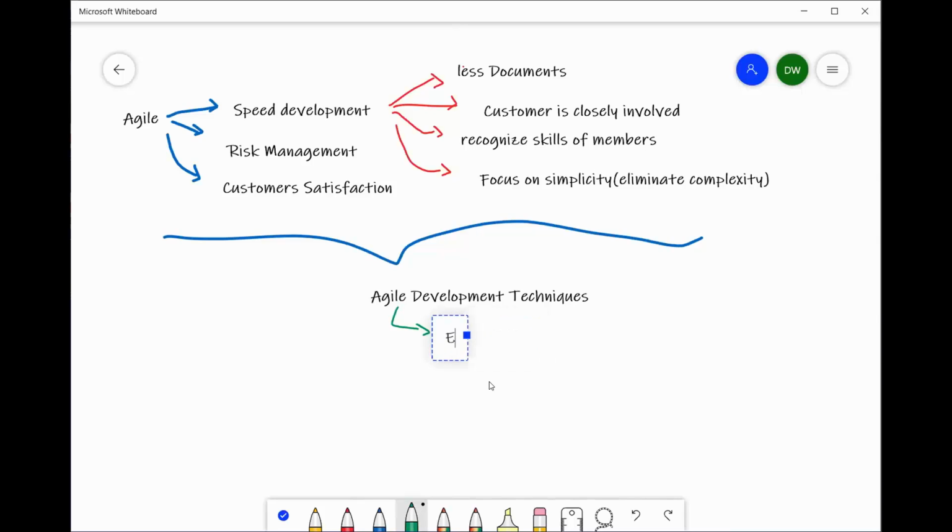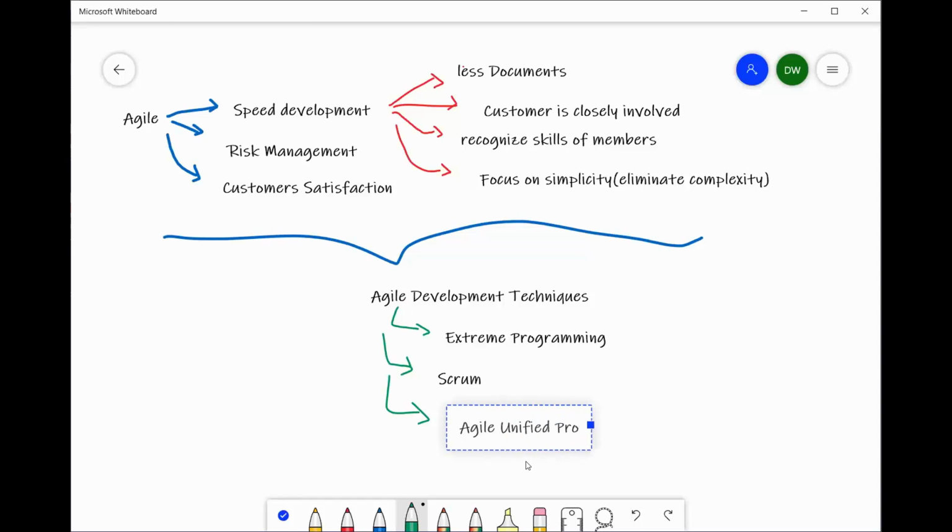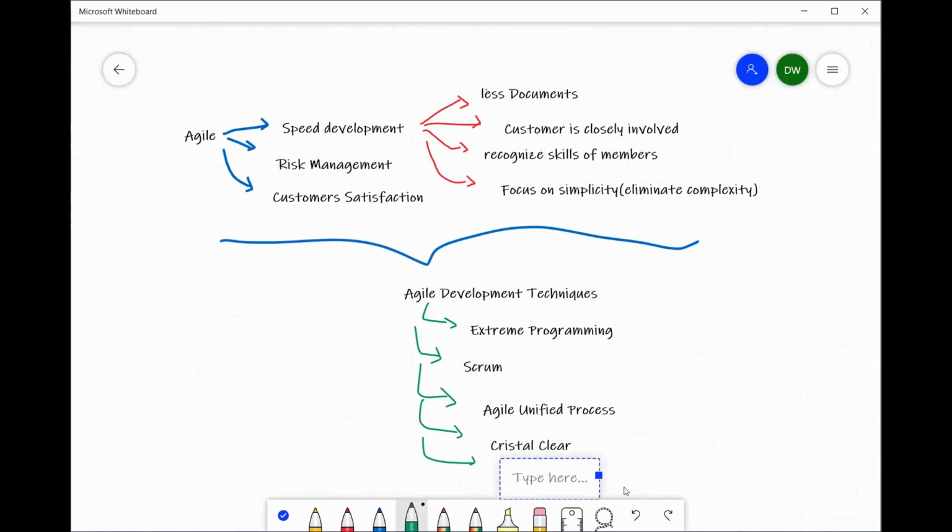There are certain techniques called extreme programming, and the second one is Scrum, and the third one is Agile Unified Process, and the Crystal Clear technique, and another one which is named Kanban.